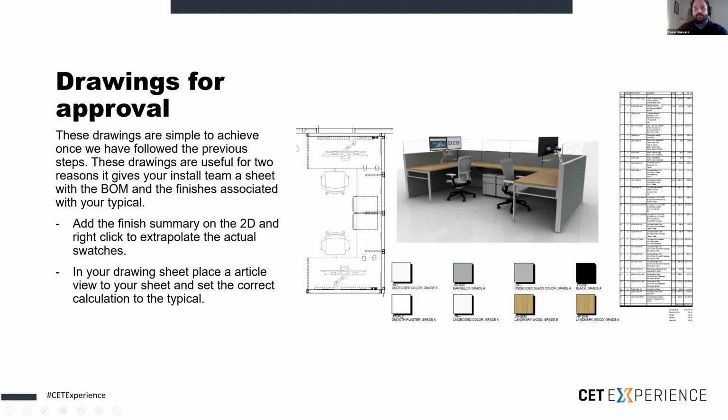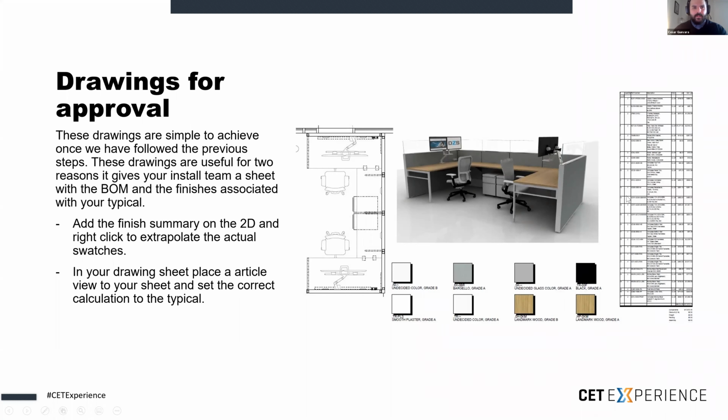And also for when you're installing, you could have this on there as well if you just want quantities. But for drawings for approval, you already have the drawing kind of set up. It's just adding some of these things on there so we can all view it together and make sure that your typical is done correctly.